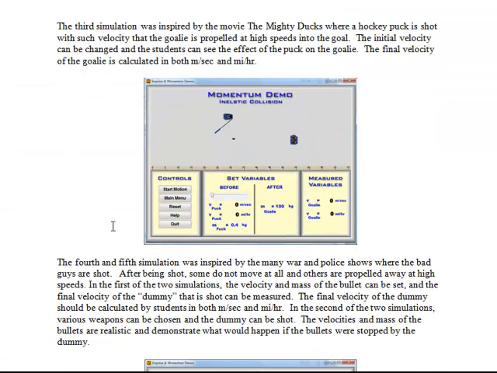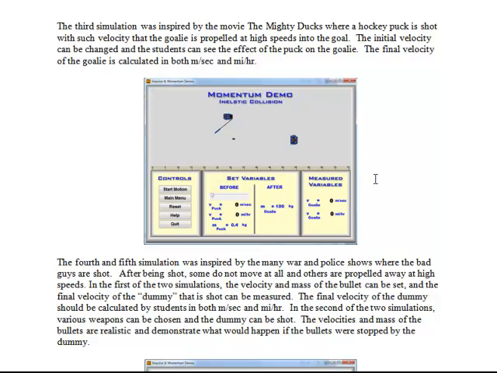Then we have the Inelastic Collision simulation, where a hockey player hits a hockey puck at a goalie, and we see just what kind of velocity we can give the goalie. Thinking about movies where a hockey puck is hit and the goalie goes flying through the net and into the backboards.